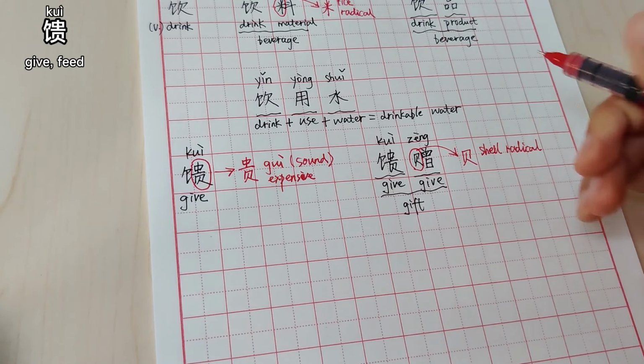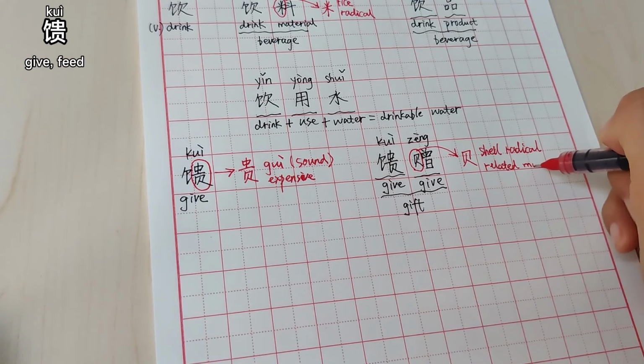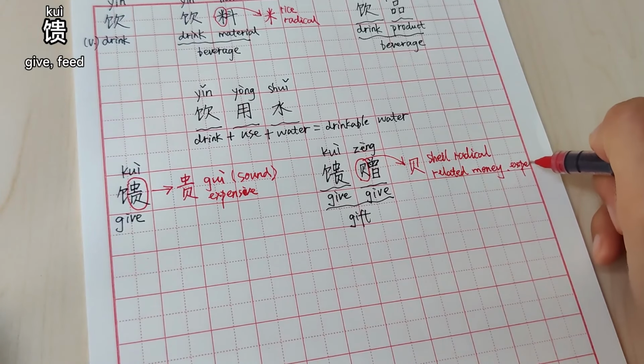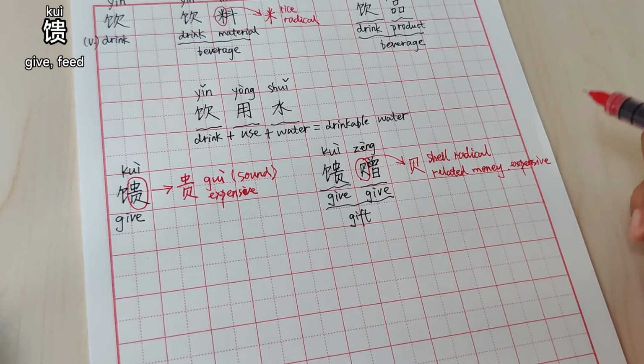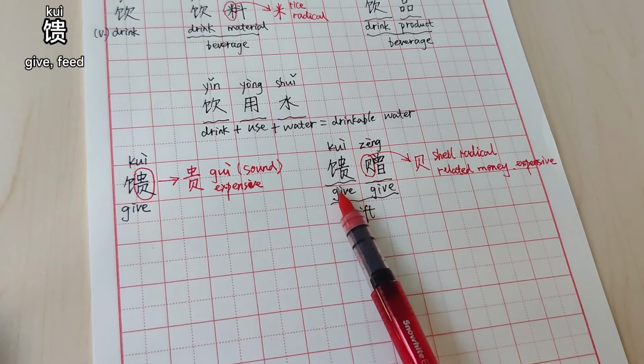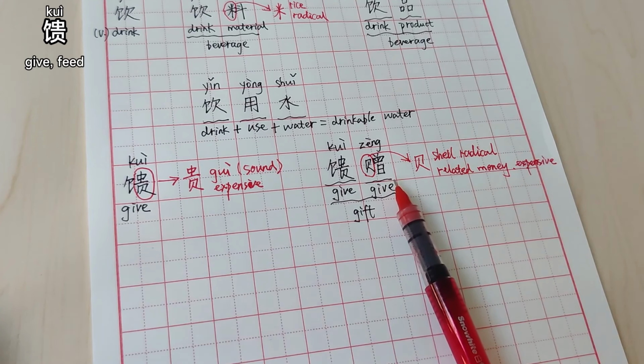The shell radical is usually related to money or something expensive. If you're going to send a gift to someone, that someone might be important, and you might send an expensive gift, right? You would not just give a random thing.